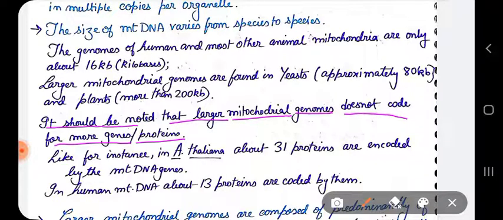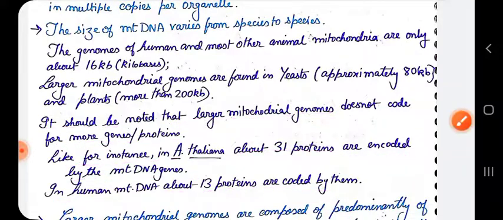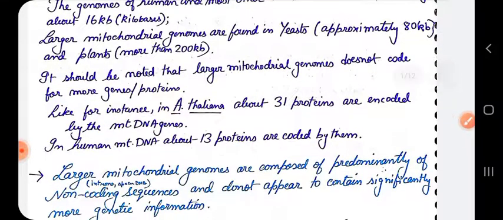For instance, in the Arabidopsis thaliana plant, about 31 proteins are encoded by the mitochondrial DNA genes. In human mitochondrial DNA, about 13 proteins are coded. So it means that mitochondrial DNA does not code for all of the proteins. Some of the things are needed from the cellular DNA as well.